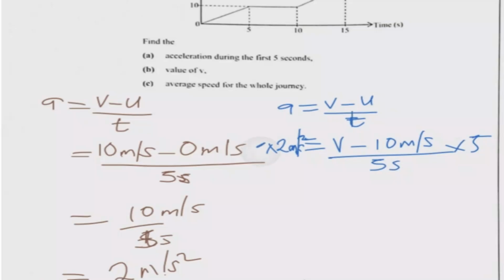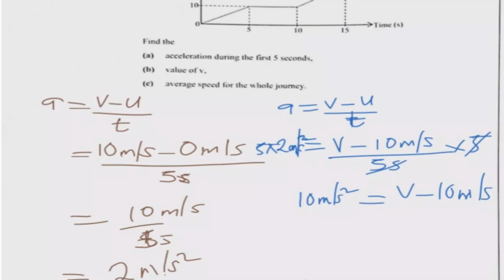So 5 times 2 gives us 10 meters per second, and the 5 and 5 on the other side cancel each other out, leaving us with 10 meters per second equals v minus 10 meters per second. Now we can find the value of v.